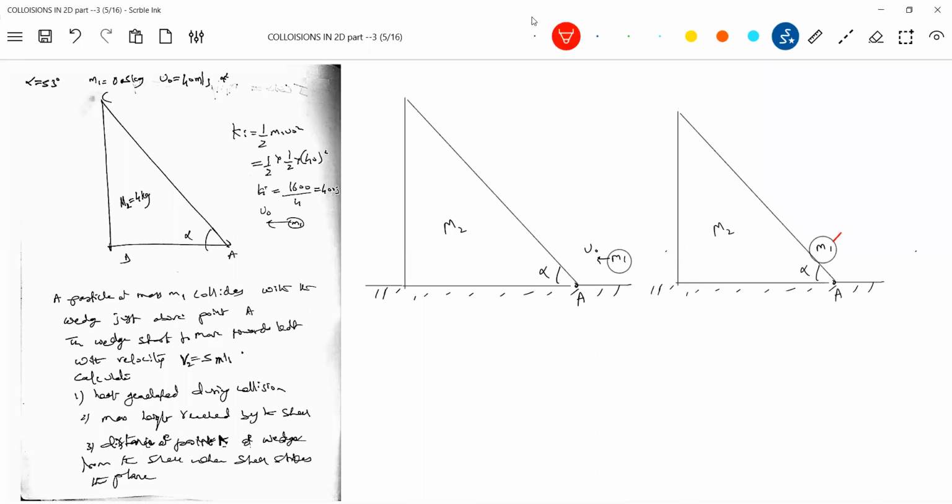The impulse here will be, I'll remove this alpha, J will act here and the impulse on the wedge will be in this direction. Is it okay? So there's a line of impact. After collision, how will the wedge move?